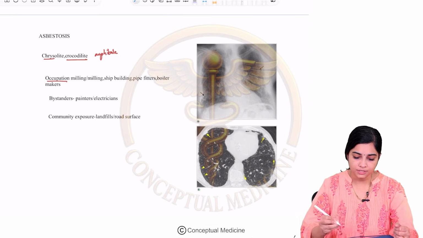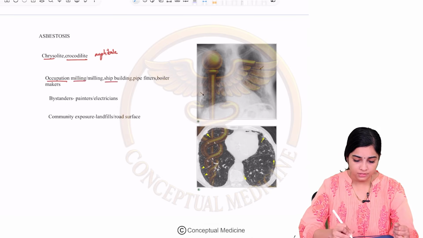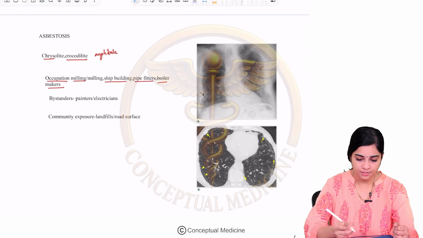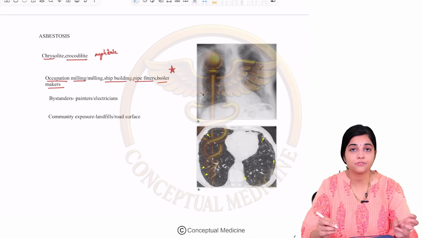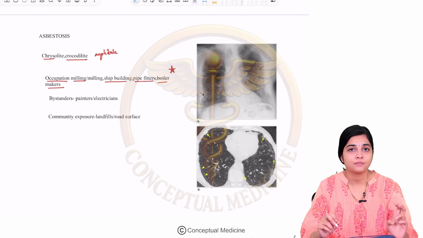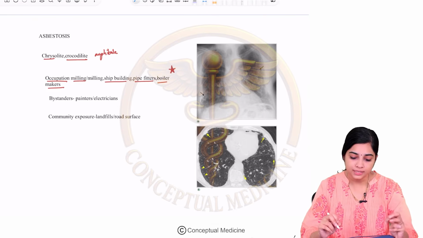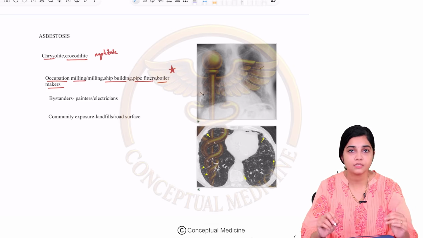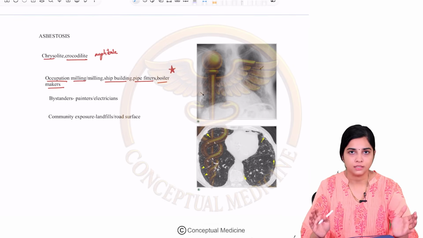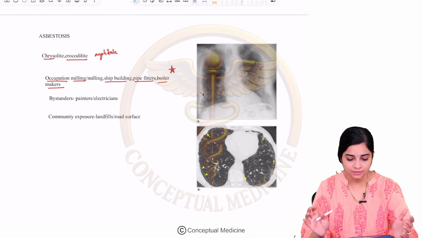The occupations include milling or shipbuilding, then pipe fitters, boiler makers, right? Always remember shipyard workers are the most common association with asbestosis. So milling, shipyard workers, pipe fitters, boiler makers, all of these people have risk of asbestos inhalation and asbestos related lung injury.